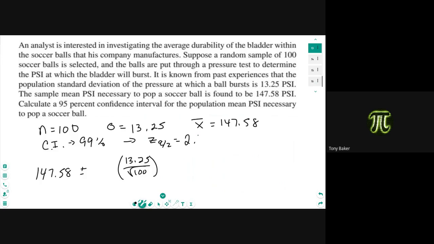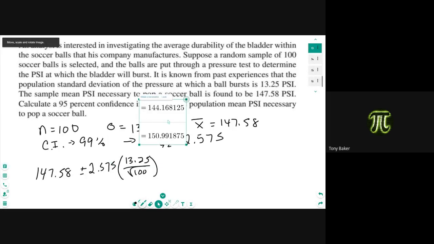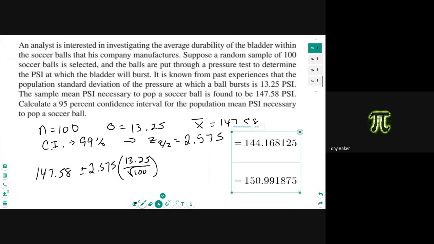It was 2.575. Is it that big of a difference? Yeah. We're down to closer to 144. So now, what's the chance of a ball exploding under 144 pounds of PSI? 0.5%. So if I did my 140, the chances are basically next to nothing. Okay. So you can start to see how manufacturers and people would use this type of information.